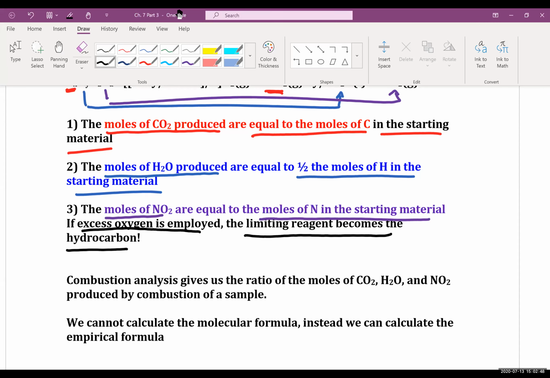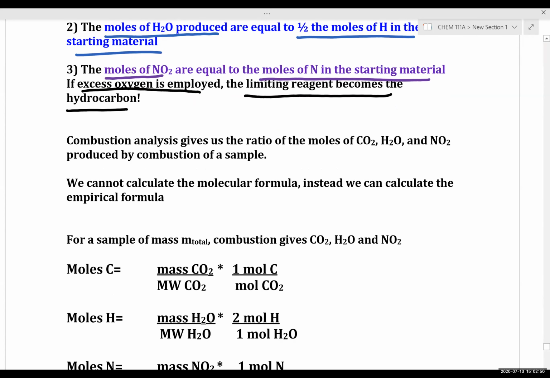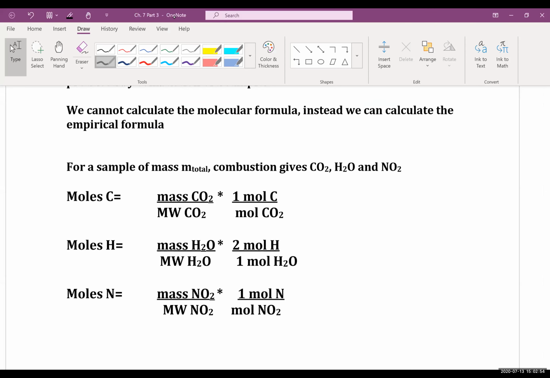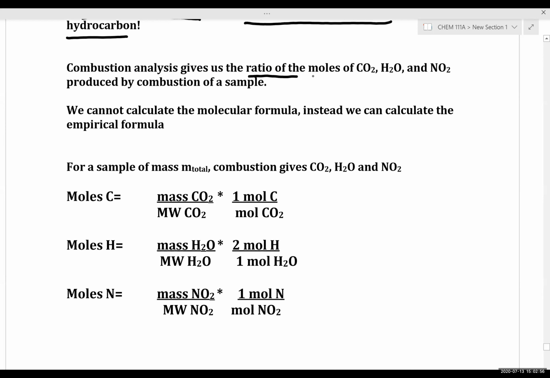So now what we can do is, combustion analysis provides us the ratio of the moles of carbon dioxide, water, and nitrogen produced by combustion of the sample. This method alone does not allow us to calculate the molecular formula, but instead we can calculate our good old friend, the empirical formula.